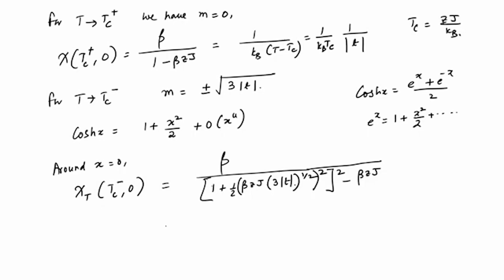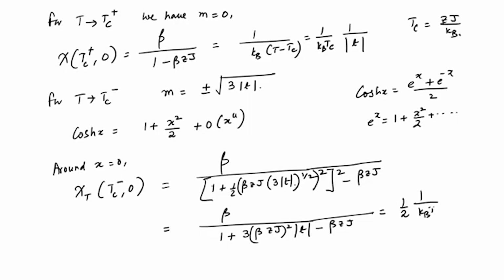from below. So, if you make a simplification of this, one gets that beta 1 plus 3 beta zj square into this reduced temperature minus beta zj. And this is nothing but equal to half 1 over kTc, again using Tc equal to Zj by k, this becomes 1 over T. Okay.